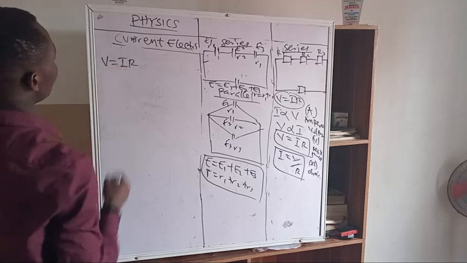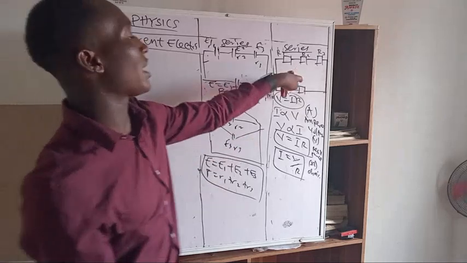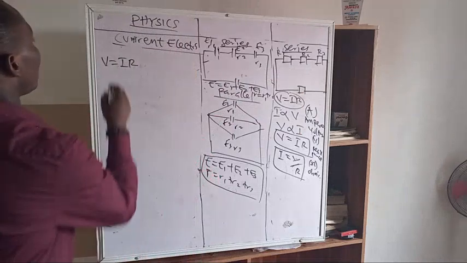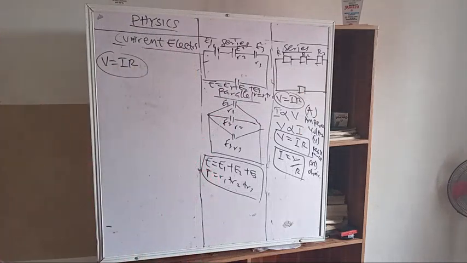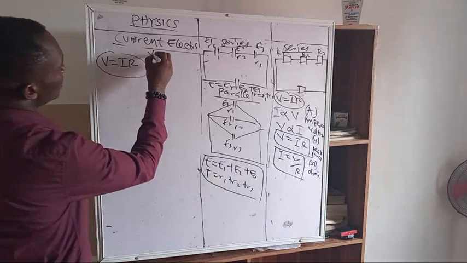How many resistors do we have? We have 3 different resistors in this place. When your resistors are connected in series, the potentials are different, but the currents are the same. I'll say it again. Anytime your resistors are connected in series, potentials are different, but the currents are the same.